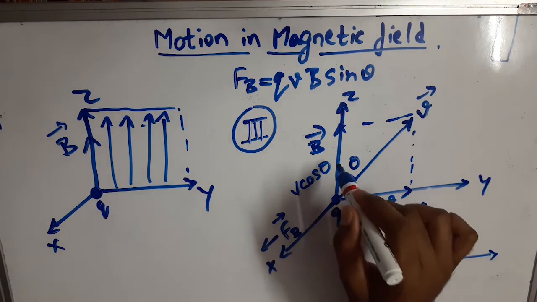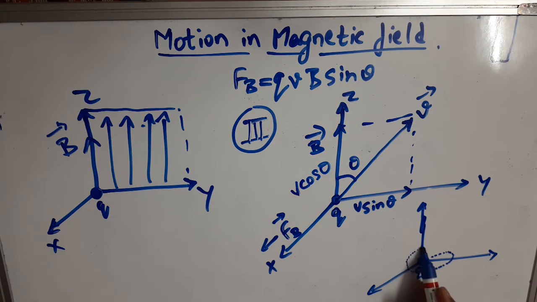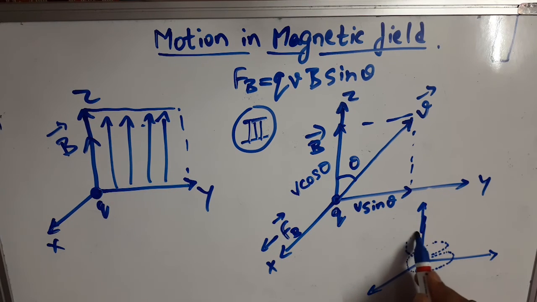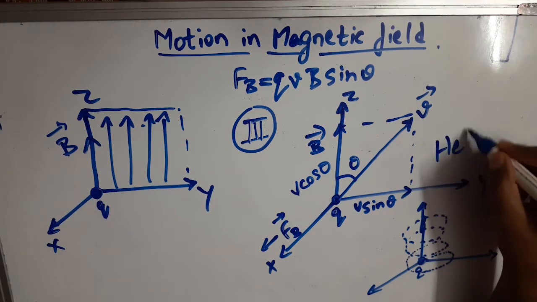But in this third case we have another force, v cos theta, which pushes the charged particle upwards. So while making a circle, it goes upwards, and in the same fashion it continues and goes upward. This pattern we call a helix.